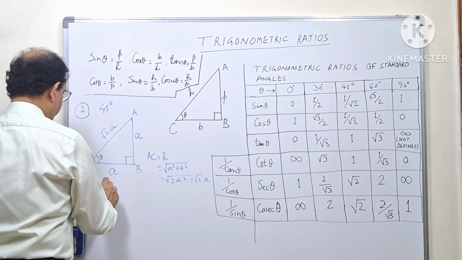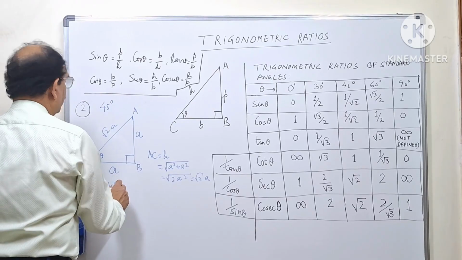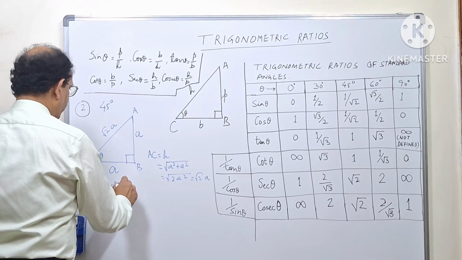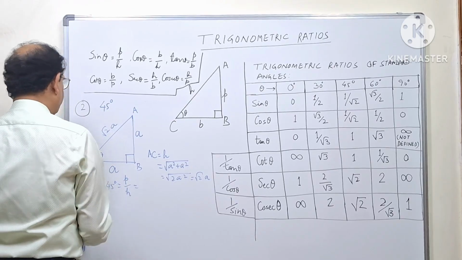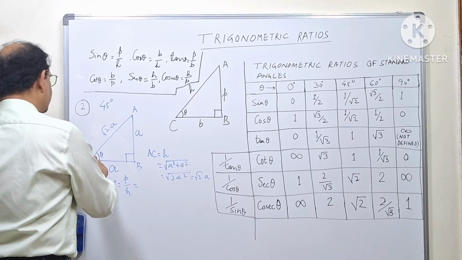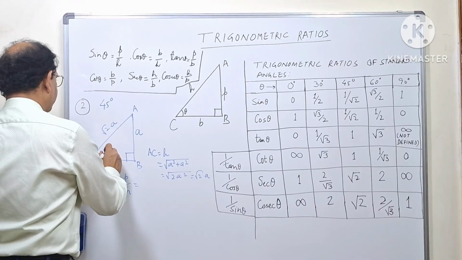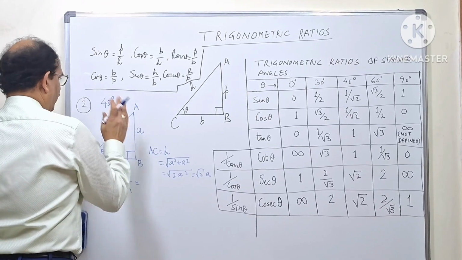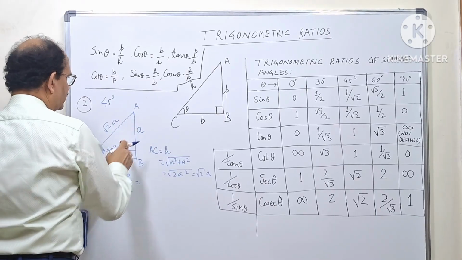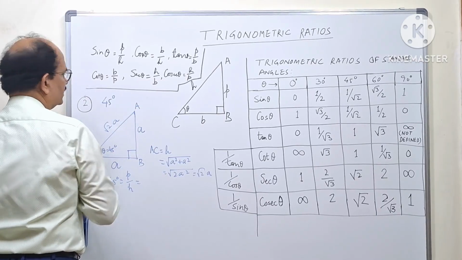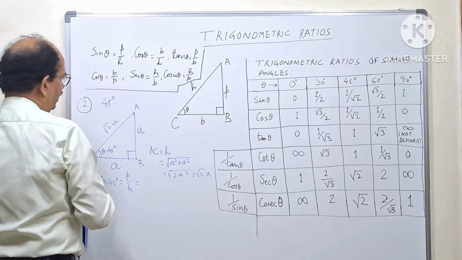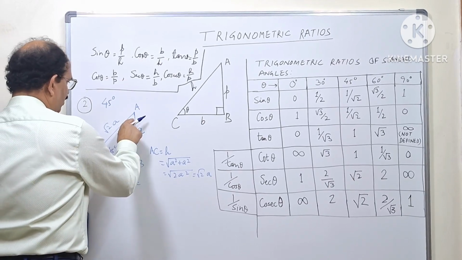Now sine 45 as per definition will be equal to perpendicular by hypotenuse. What is my perpendicular in this case, if this is the reference angle, which is 45 degree? It's important to understand that because it is an isosceles right angle triangle, these two angles will be equal.